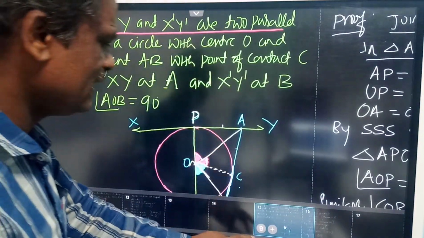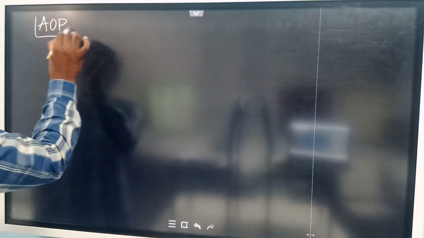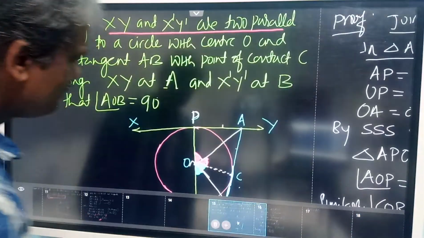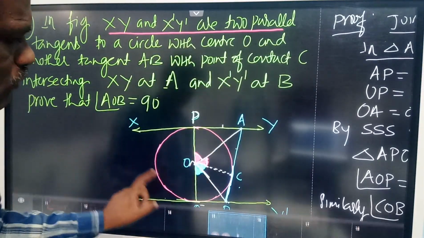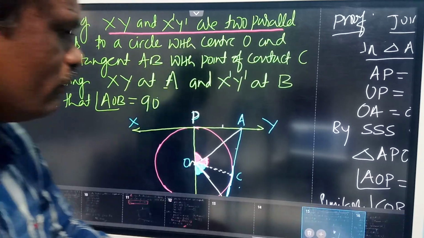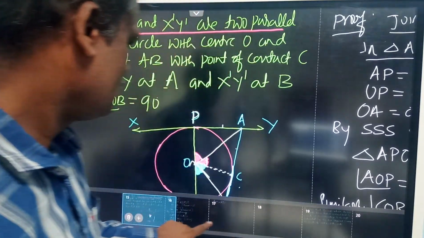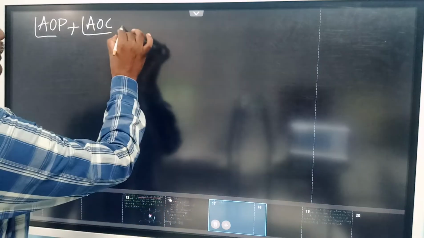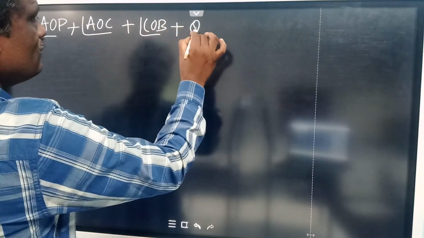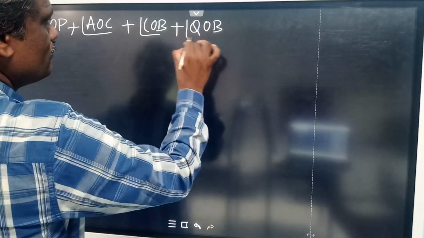Angle AOP plus angle AOC, then come back to the diagram once again, angle COB plus angle QOB.